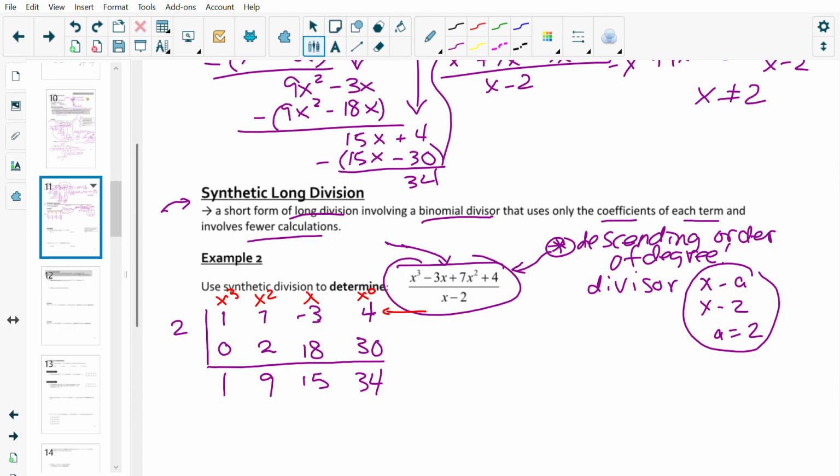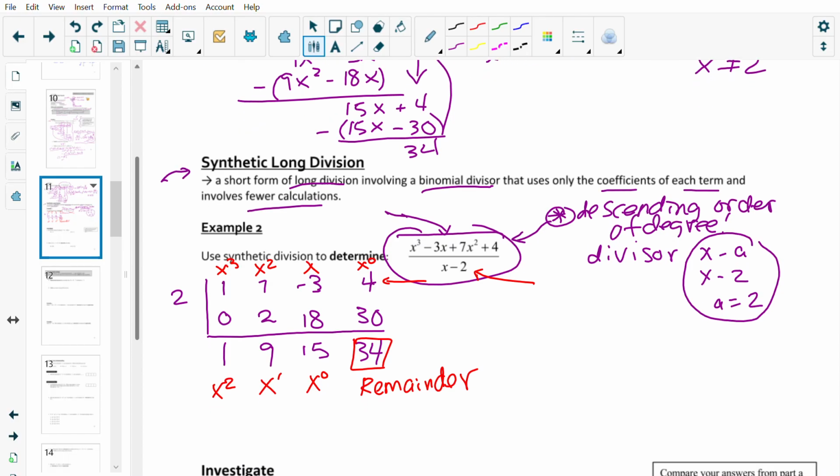When you do the division, remember you're dividing out by a first degree term, so you expect to get a quotient that's 1 degree less. So this is your x squared term, this is your x to the 1 term, this is your constant or x to the 0 term, and this one is your remainder. Let's write this out in full.